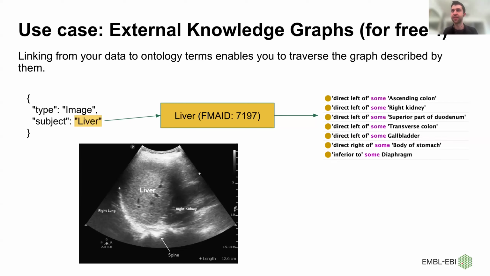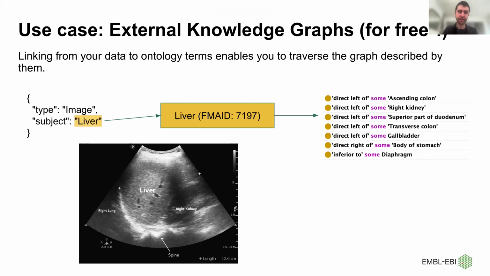And you can actually see in the picture, this right kidney is to the left of this liver, and helpfully that is also covered in the ontology. The liver is direct left of some right kidney. And there's also other pieces of information about what kind of an organ it is and what constitutes a liver. And all of that could be used to allow users to search for different things and come up with other pieces of information.